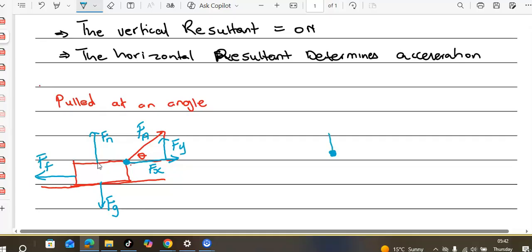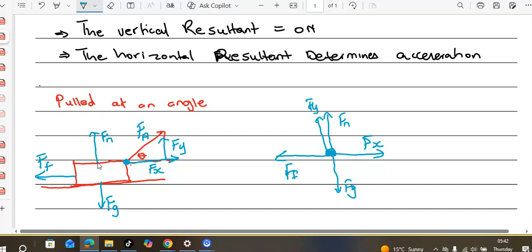So in the free body diagram, we just have our Fn and our Fy. These are the vertical forces. Then we have the force that is going down, which is Fg. Then we have the Fx going that side, and we have the frictional force in that form.